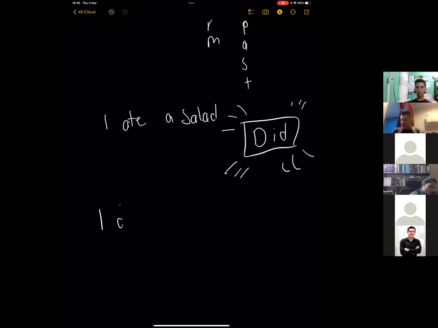For example, I did not eat a salad. Eat is the verb in the base form. So for negative and for questions, when we use did explicitly in the statement, we're going to use the verb in the base form. Okay? Clear with that?